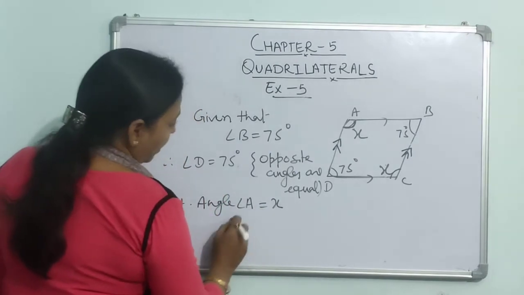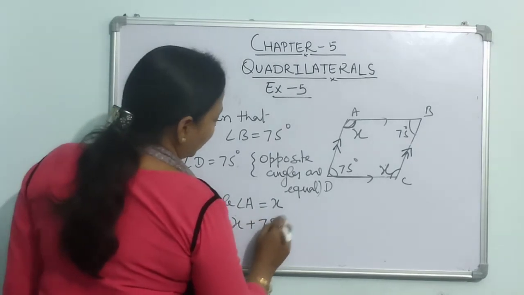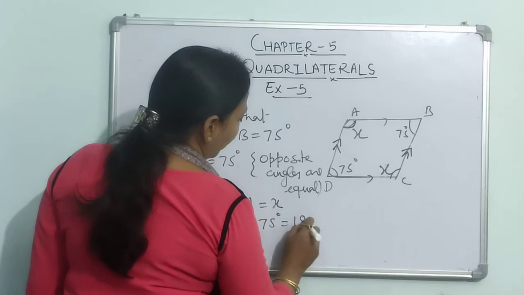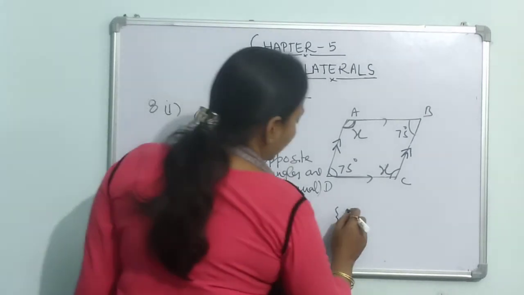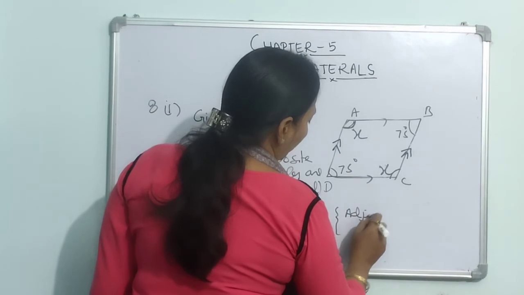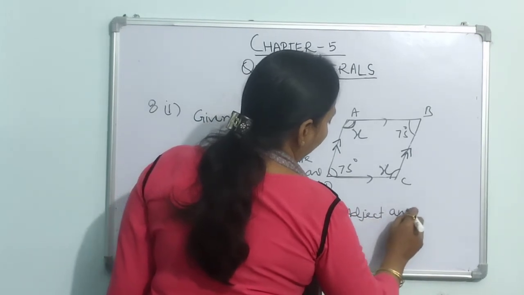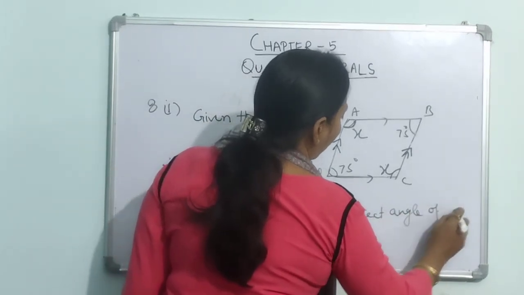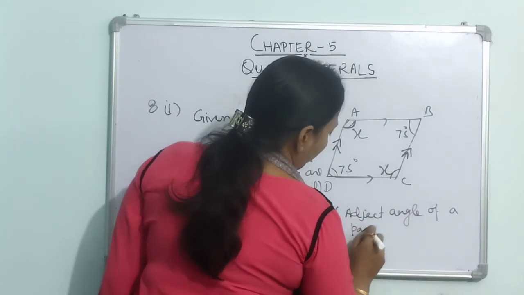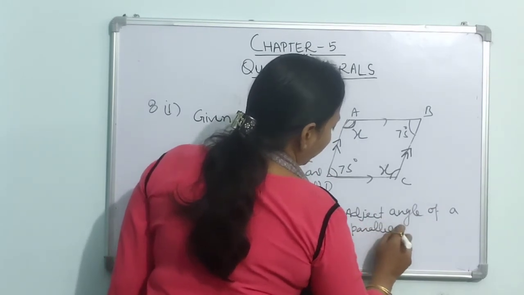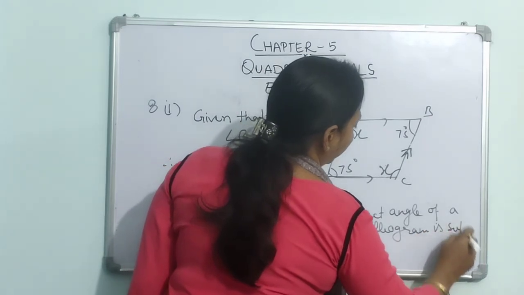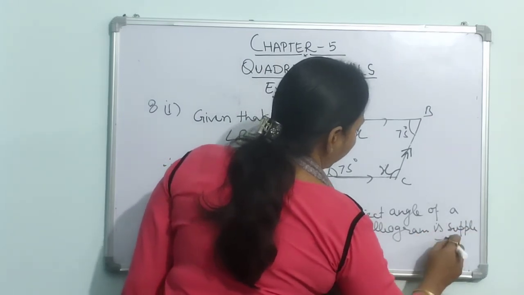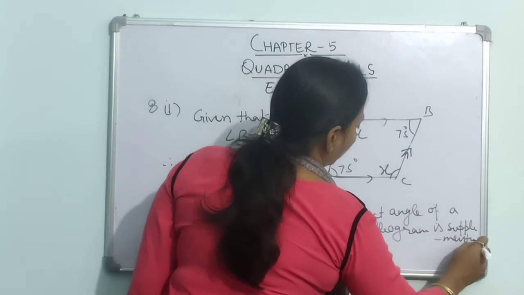So x plus 75 degree is equal to 180 degree. In bracket you can write the reason: adjacent angles of a parallelogram are supplementary. This property you are using here.